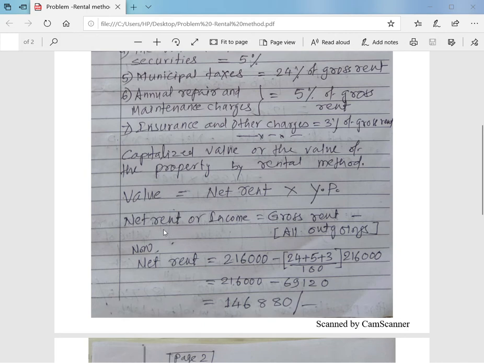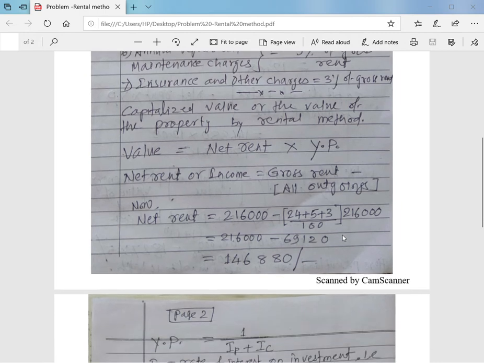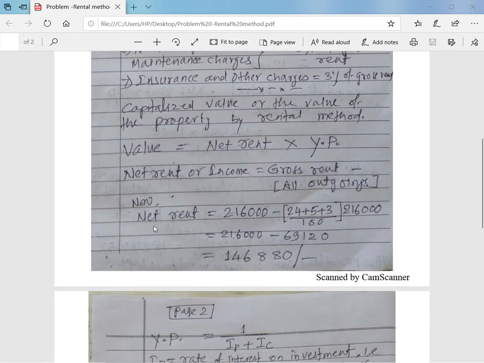That means net rent or income equals gross rent minus all outgoings. So here net rent equals 2,16,000, the gross rent available from the property, minus 24 plus 5 plus 3, that means a total of 32% of gross rent, which is the outgoing.